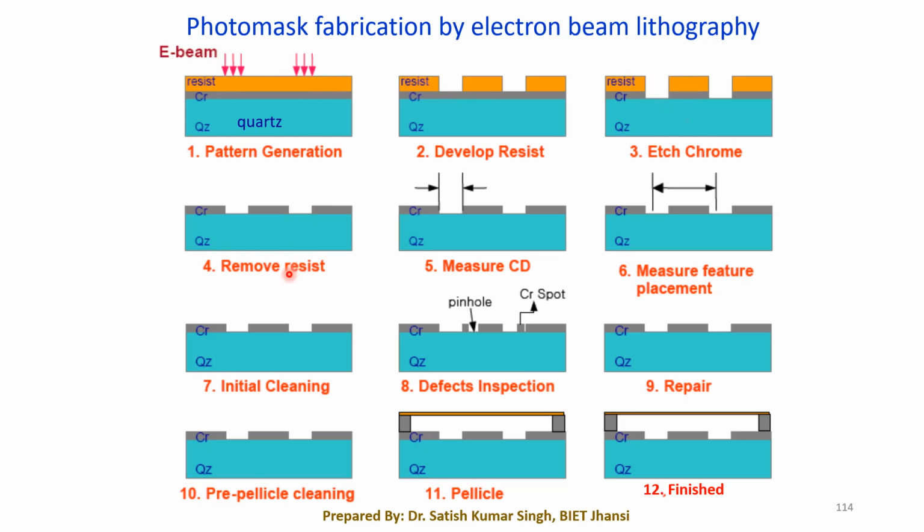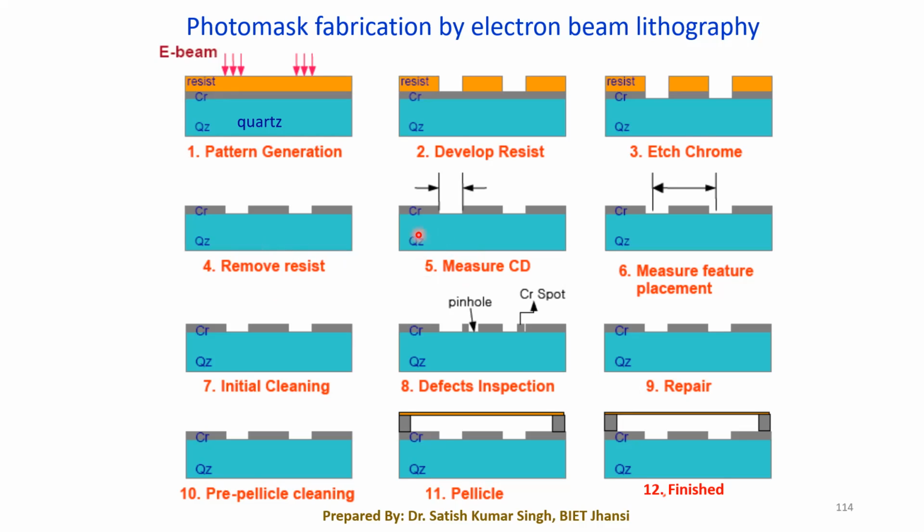Now, after doing this, we have to make sure that the dimensions, the feature size or the properties of the mask that we fed into our system have been achieved after removal of the chromium. So that measurement has to be done.